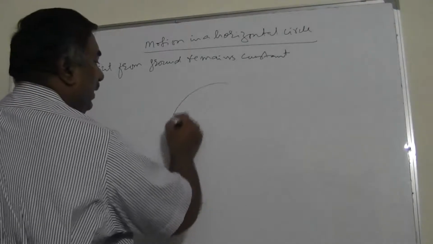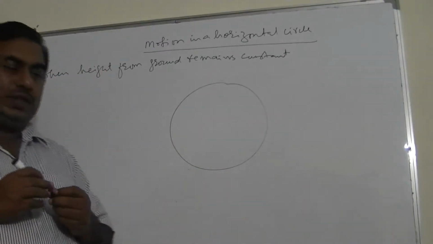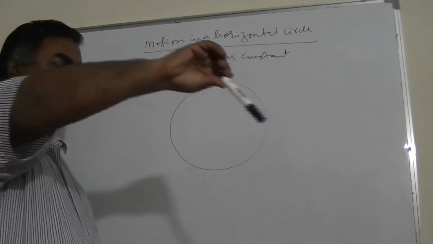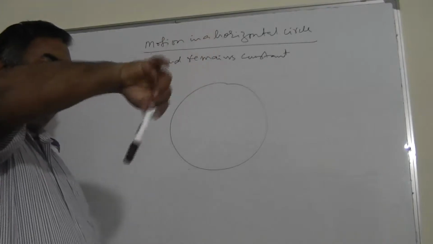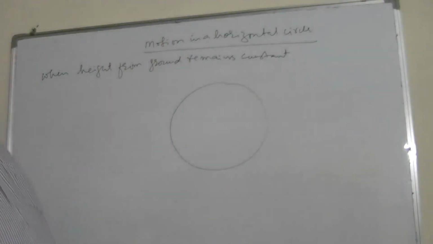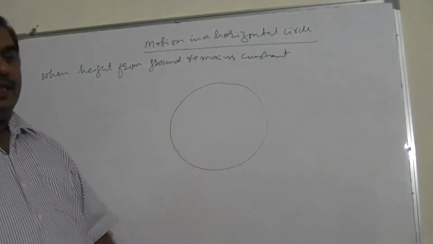So horizontal means at all places the height remains constant. For example, if this is the marker and I move it in a circular motion in this way, its height remains constant, then it's a horizontal circle. The speed will always be constant here.